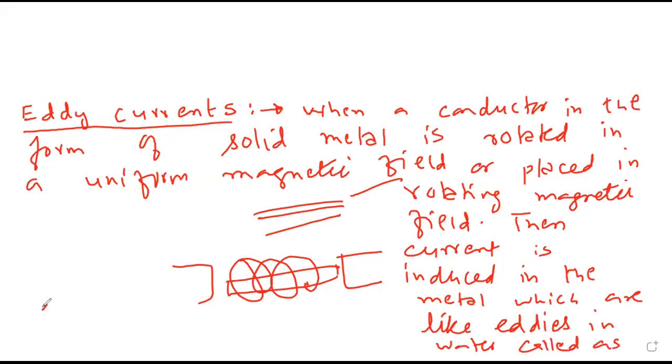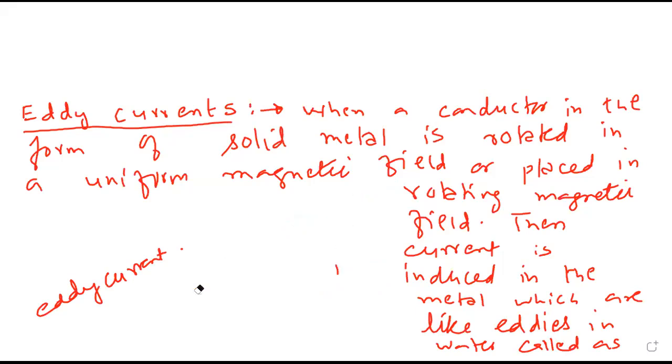They are called eddy currents. In still water, when you drop a stone, concentric circles are formed. Those are called eddies. Or if water is flowing and somebody places a wooden rod in between, the water will swirl around it. That is called eddies in water.